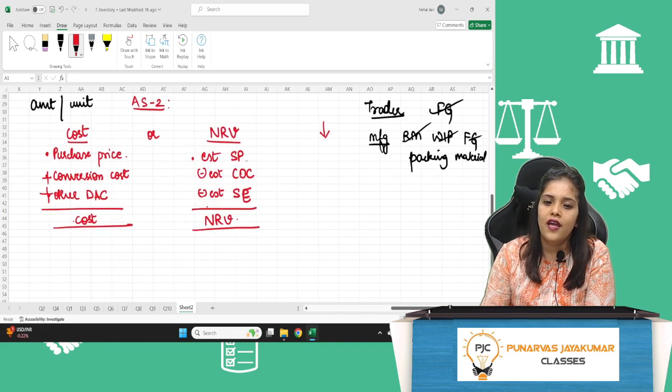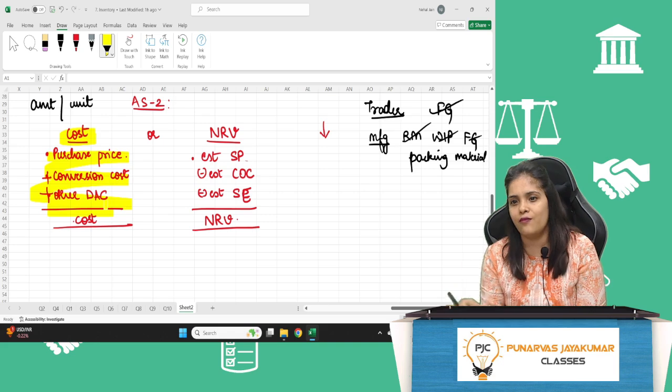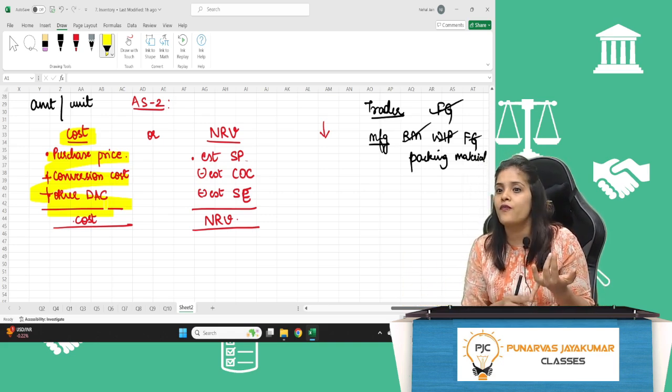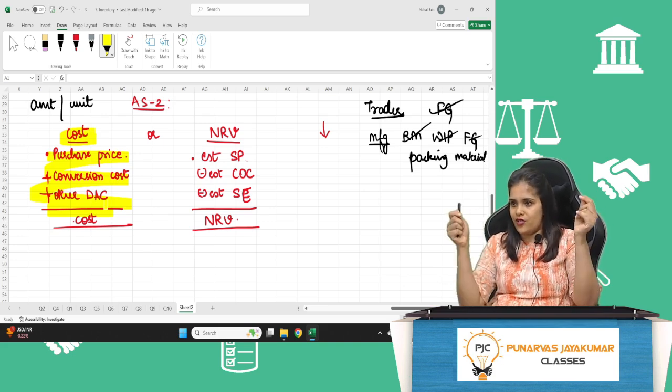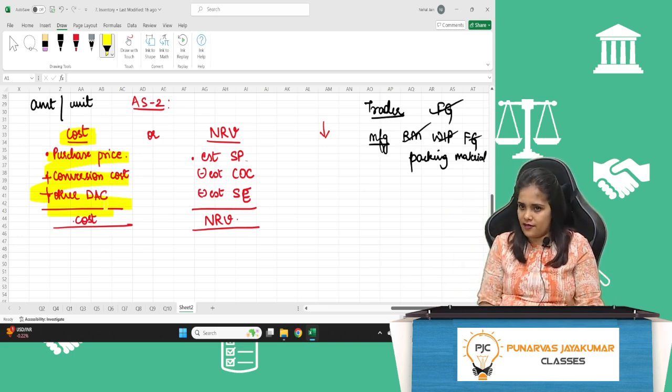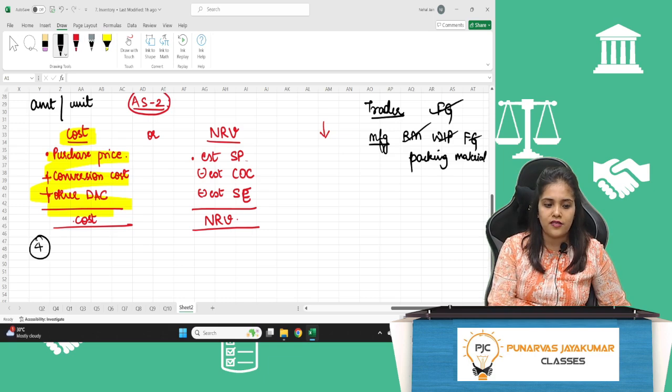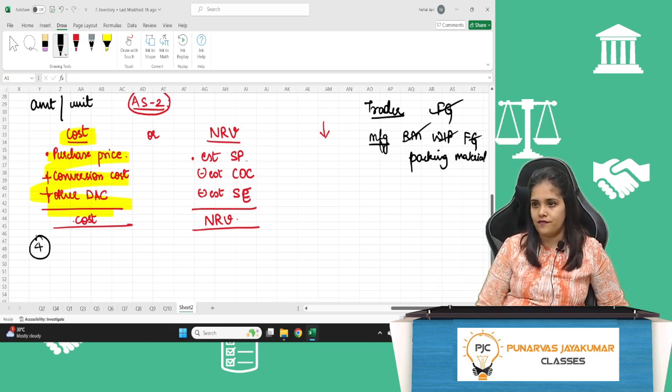I told you these costs have to include everything that will help bring it to a saleable condition. Let's say cutting, stitching, ironing, button, so many things. Specifically, some costs should not be included.